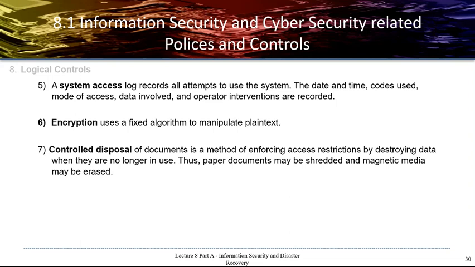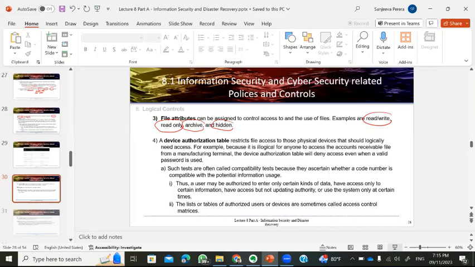Encryption uses a fixed algorithm to manipulate plain text. There are encryption methods used to manipulate the plain text, because if you have plain text, people can look at the plain text and access it.